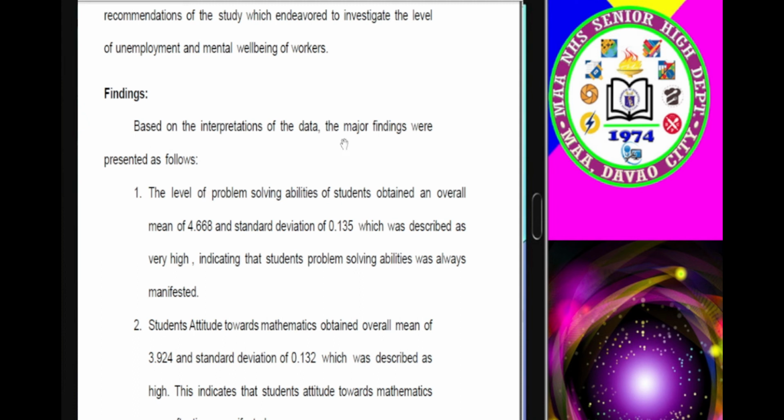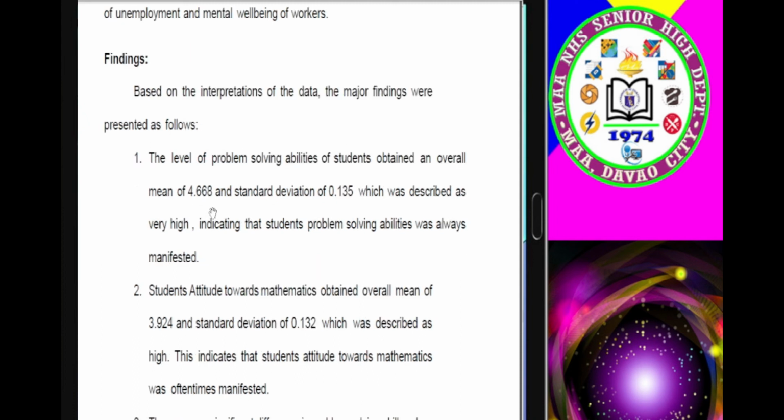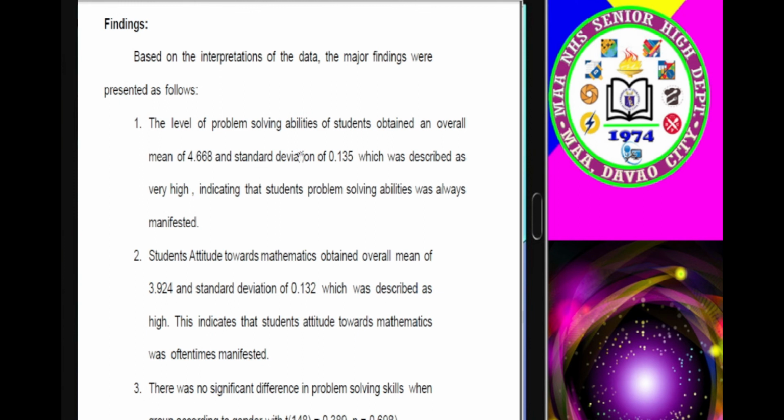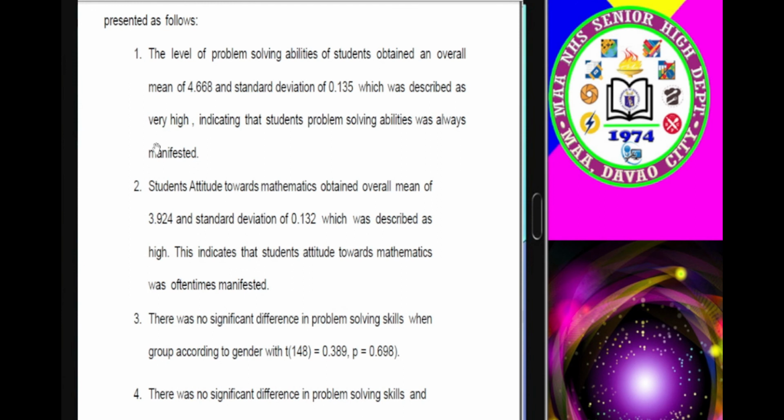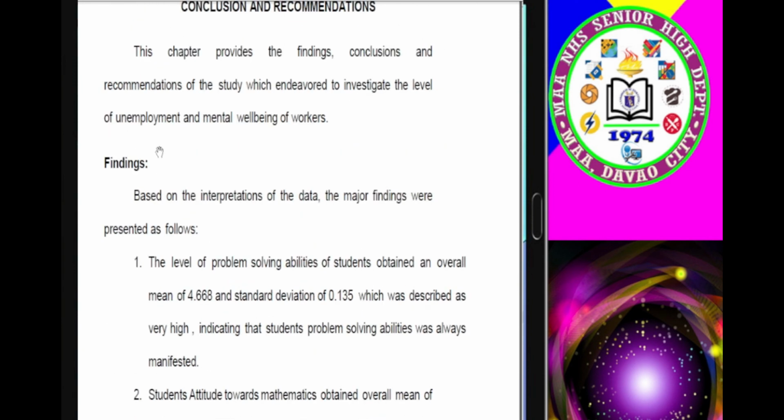Remember, in your findings, you write here the figures. The order of your findings must be based also on your research questions. If you have 5 research questions, you must also have 5 conclusions. Remember the order of this, based on your research questions.